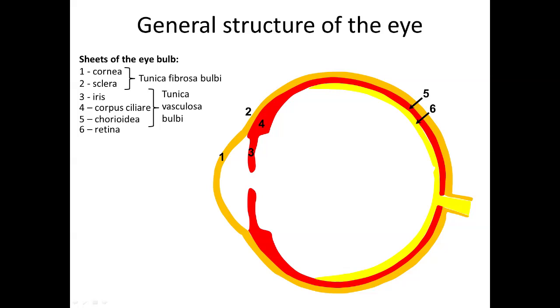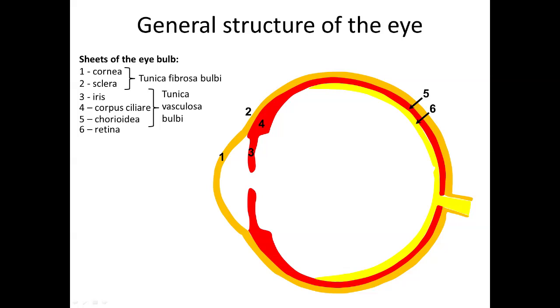So that was three sheets which are inserted one into another and which form the sheets of the eyeball. But this special shape of the eyeball depends on the internal core of the eyeball.